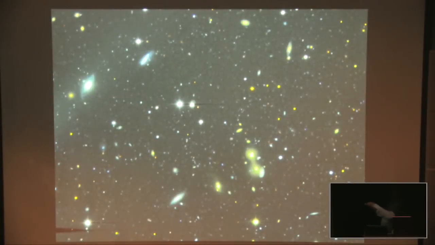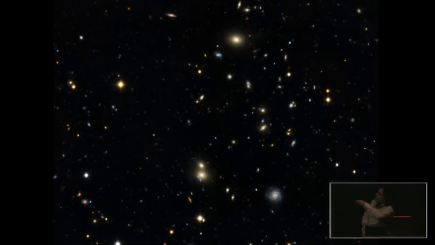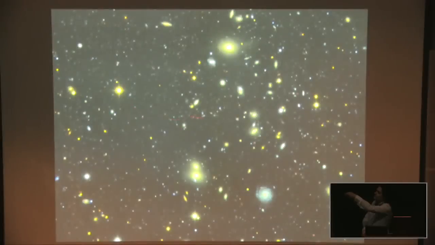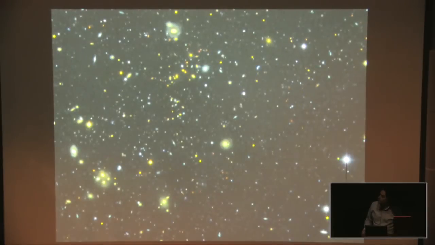The survey is plenty of mergers, several types of galaxies, some very, very red objects also. We can see also some very distant galaxy clusters that are completely red. And here I want to zoom in on this area.